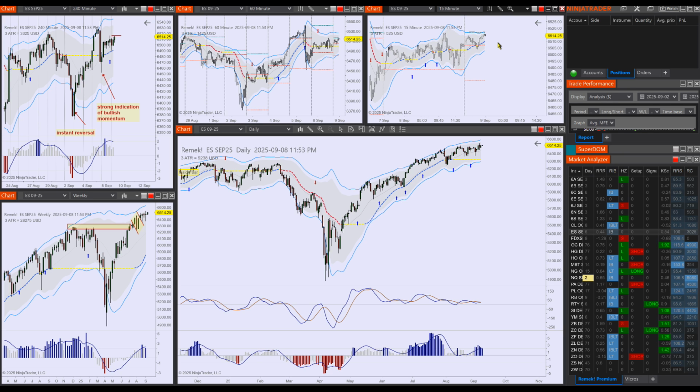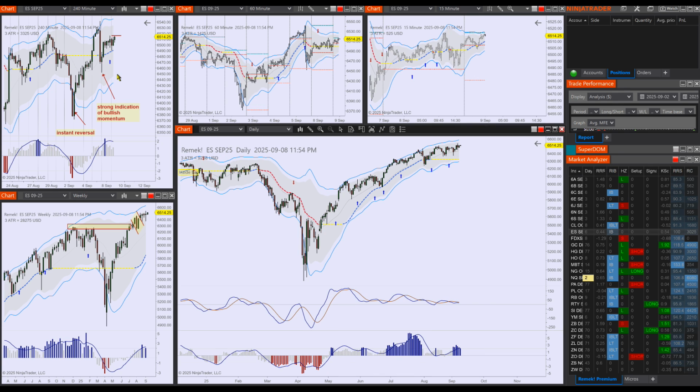Just note, please, that in my personal opinion, even if you enter on a smaller chart, you need to respect the geography on the 4-hour chart, which means the stop should probably be at or around the bottom tail here. And of course, size accordingly, and micros and ETFs are available to us. So that's the background if you're new to this.